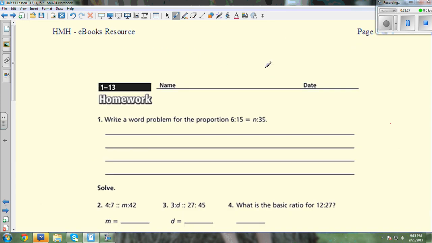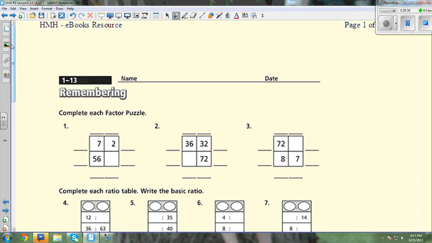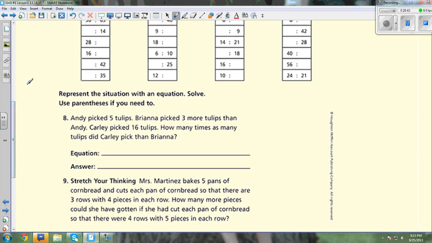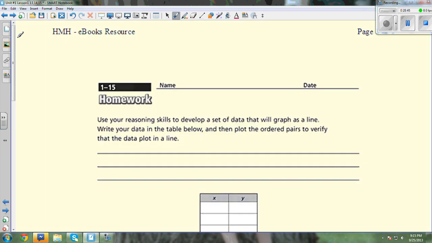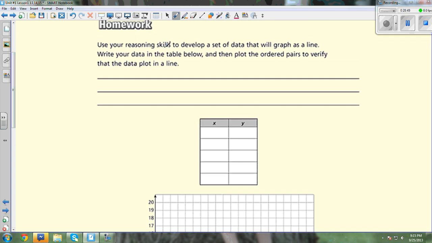All right, homework. We will be working on 113. Very similar to what we've been doing. More factor puzzles on 113 on the remembering equations. 115: Use your reasoning skills to develop a set of data that will graph as a line.